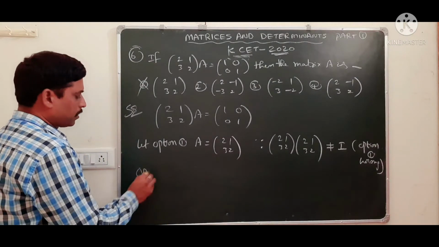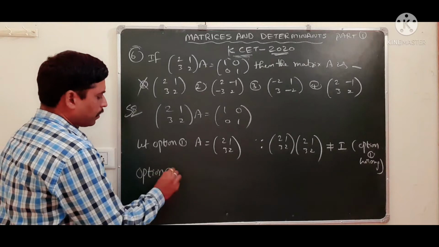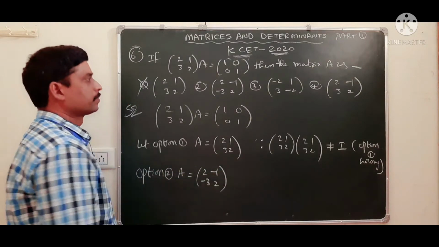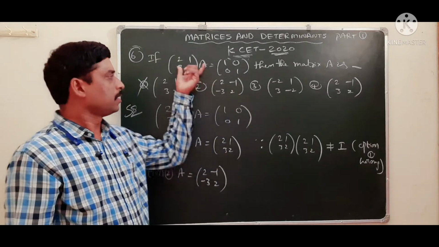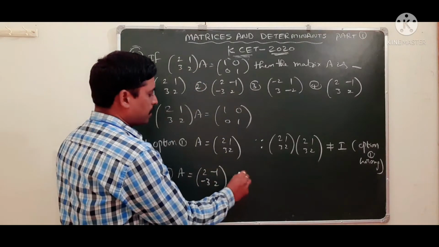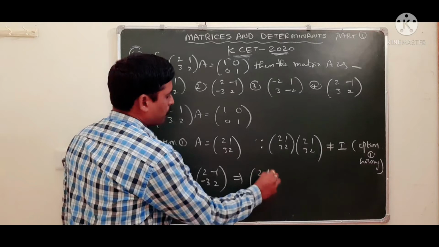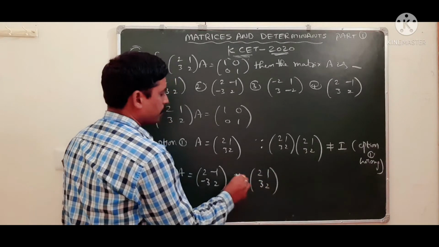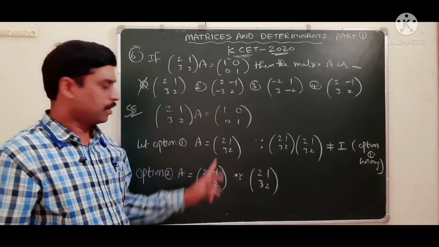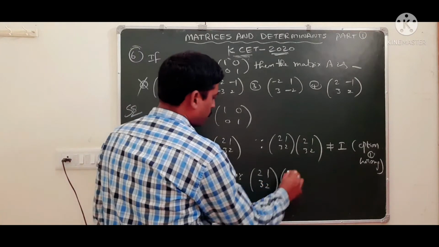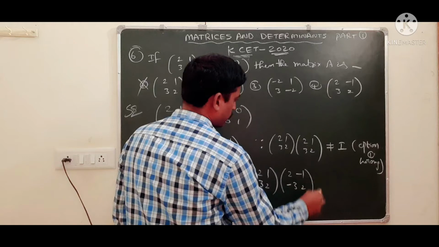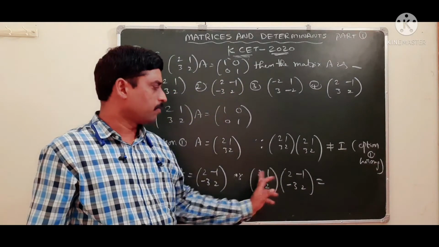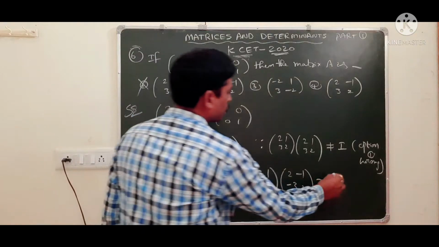So option 2, what is option 2 given? A is equal to [2 -1; -3 2]. So in this condition, we substitute A in this matrix [3 1; 2 1] into [2 -1; -3 2]. So this value will be: first row multiplied with first column, 6 minus 6, 0.